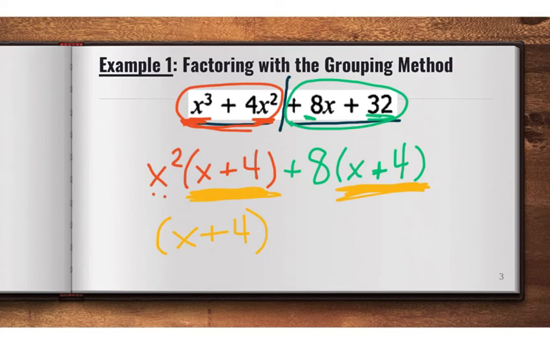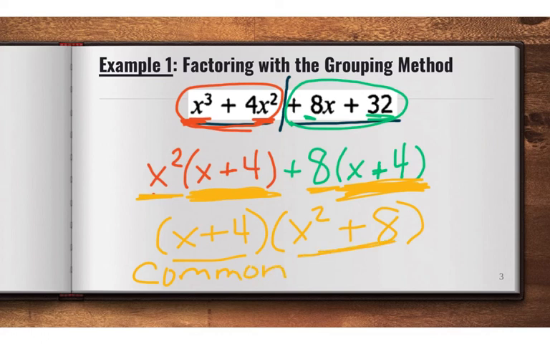All right, now I'm going to use x plus 4 times x squared. So I know x squared is going to go in my next parentheses. And I also have x plus 4 times 8. So plus 8.